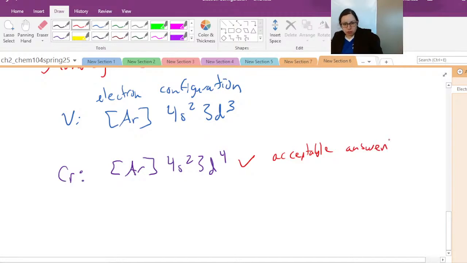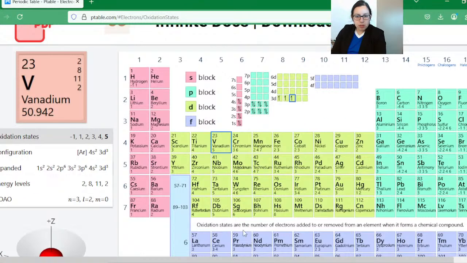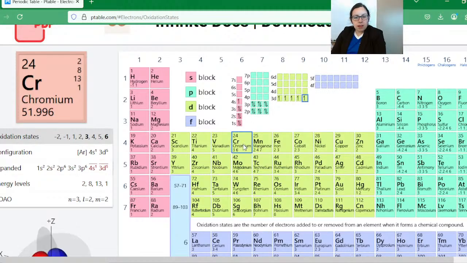But I still want you to appreciate the exception and why it occurs, and understand these scenarios. All right, so if we look at chromium on our periodic table, we're trying to check ourselves, and then we find, oh, it is actually 4s1, 3d5.